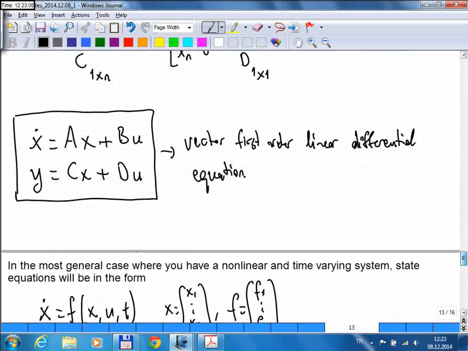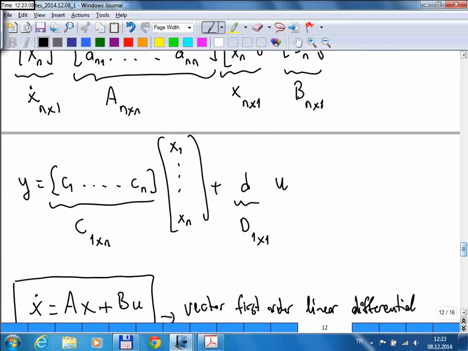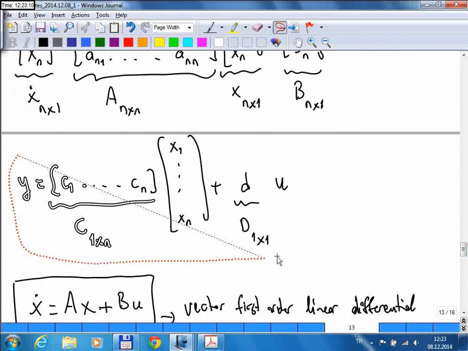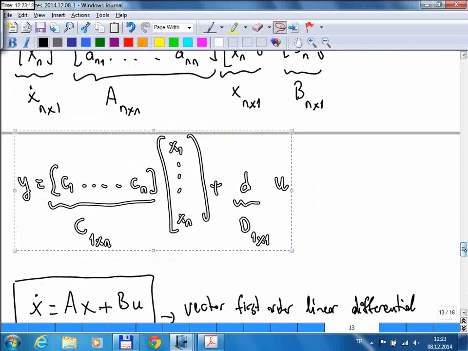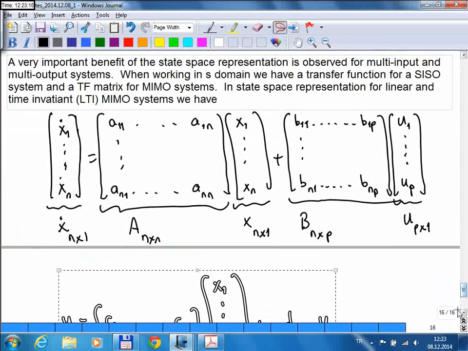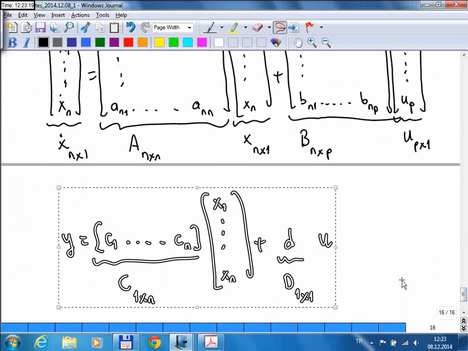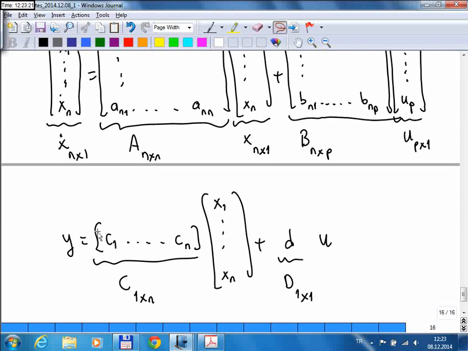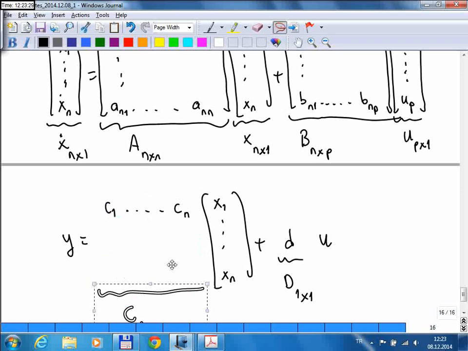Okay, and if we have multiple outputs as well, then we should modify this equation for that.